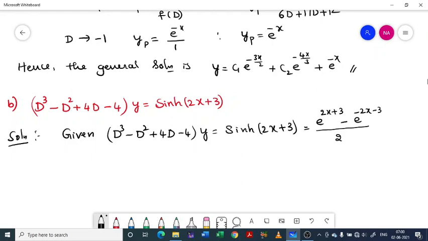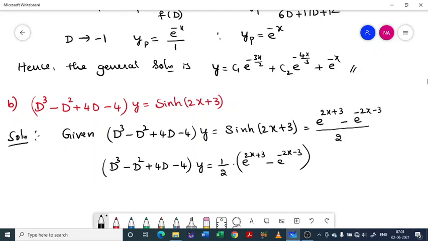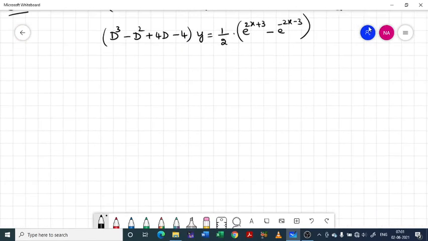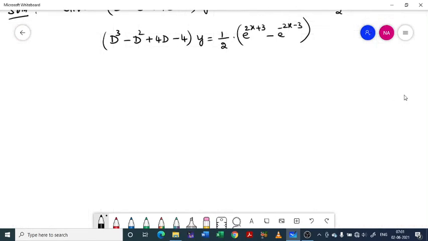Okay, so we'll get D cube minus D square plus 4D minus 4 into y equal to 1 by 2 times e power 2x plus 3 minus e power minus 2x minus 3. Now let us not worry about the particular integral, just worry about the complementary function.